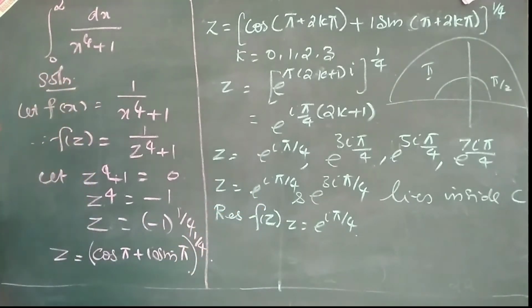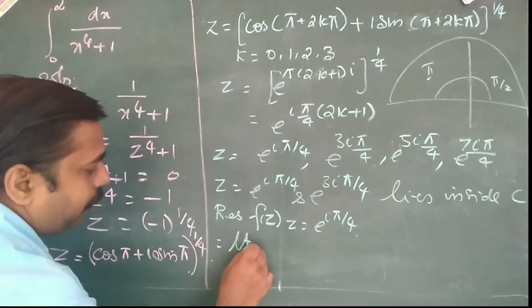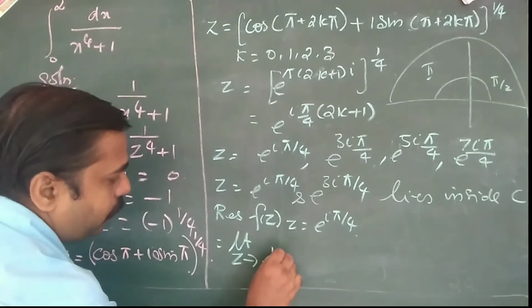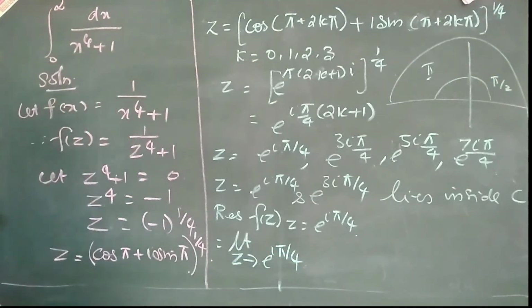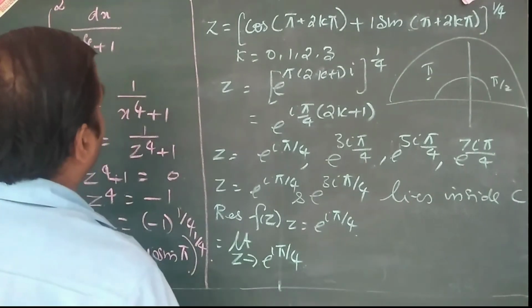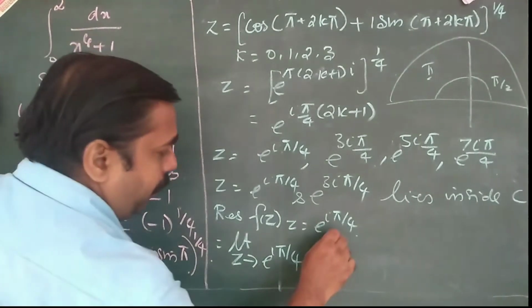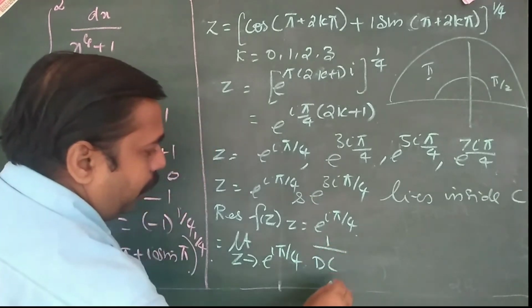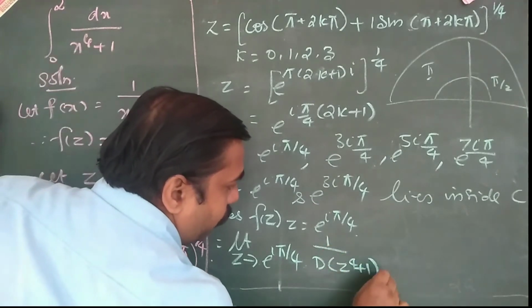So this is equal to the limit as z tends to e raised to i pi by 4. What is the function here? This one, 1 by the differentiation of z raised to 4 plus 1.